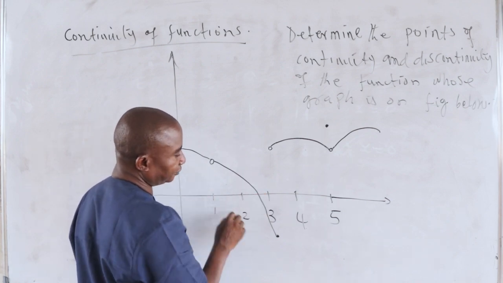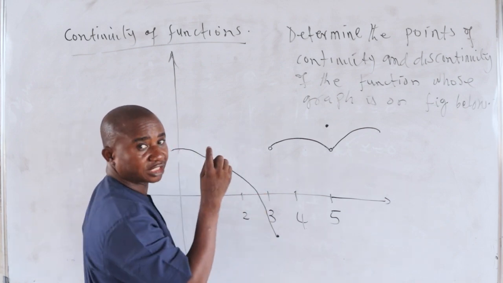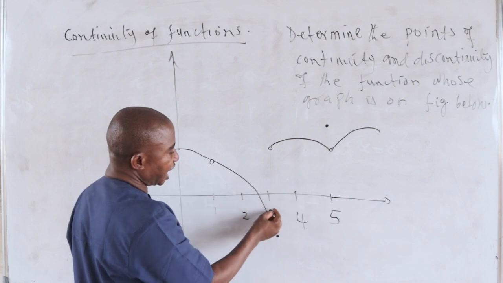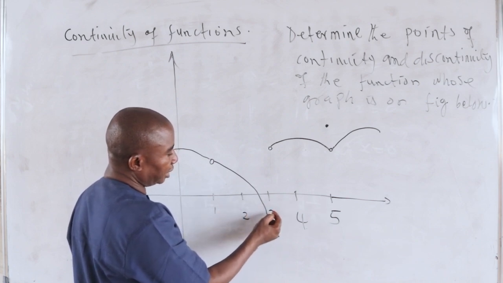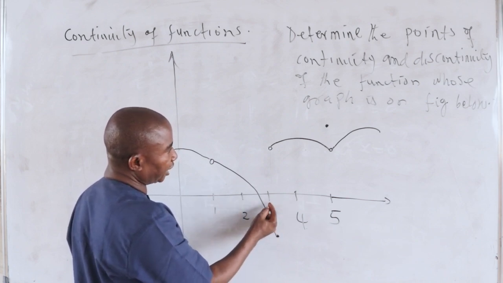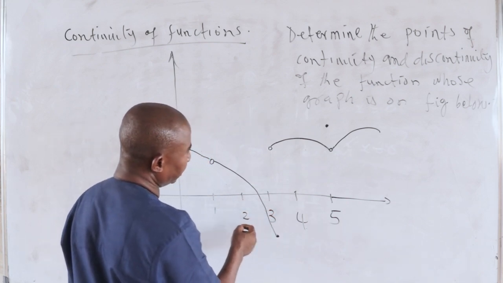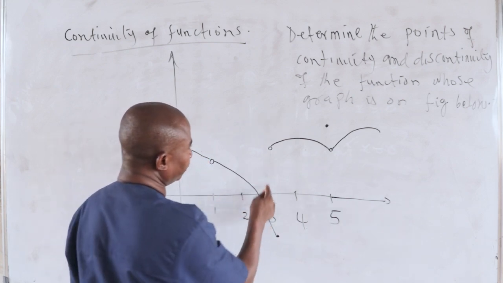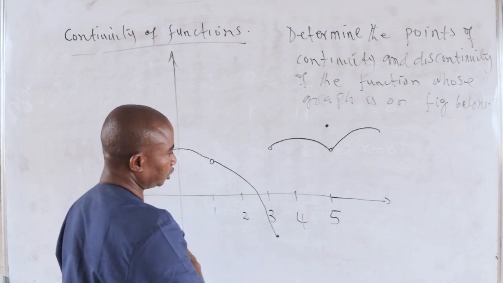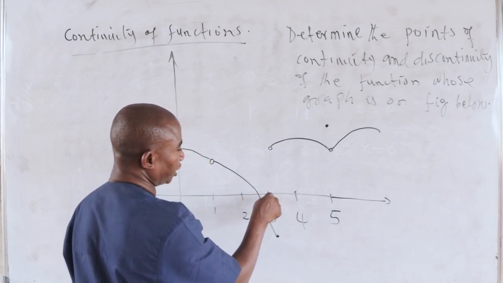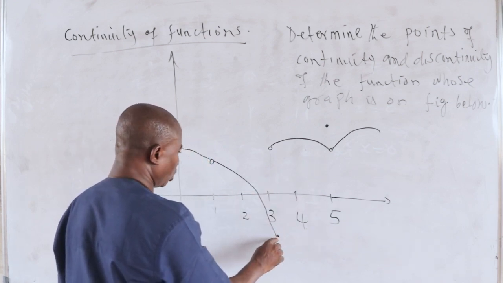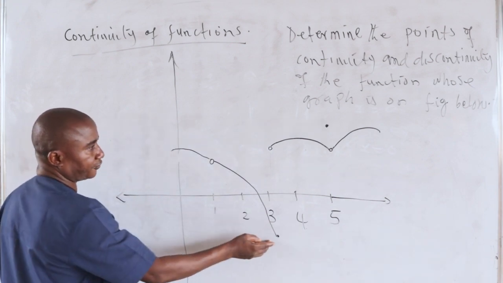But at the point 3, there's a problem. Sorry, at the point 3, the value is this. Whatever it traces to here is the value.